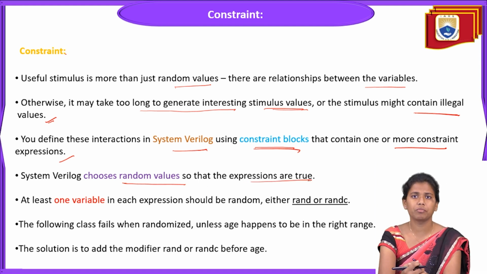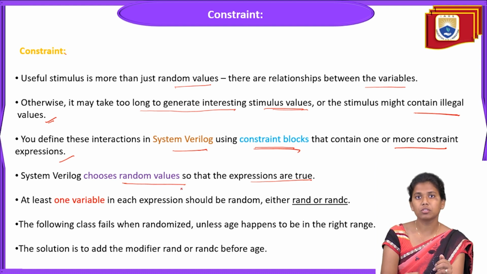It chooses the values randomly until and unless we get the expression true. It chooses the values or the variables from the constraint block.